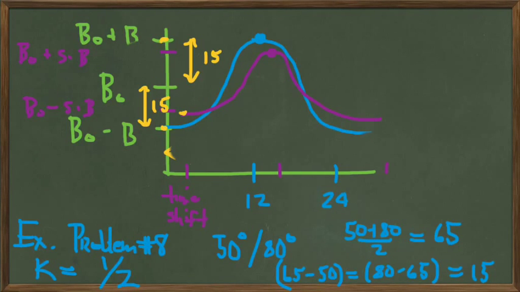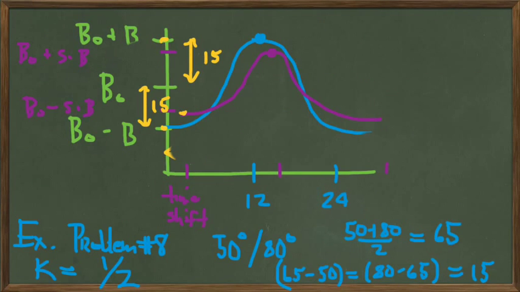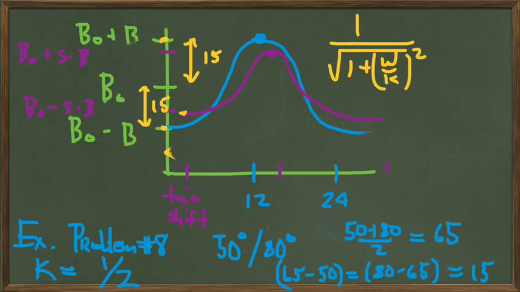So we've got that. Now we also, in our formula, need to know the scaling factor. So the scaling factor is 1 over the square root of 1 plus omega over k quantity squared, and we know that omega is always defined as pi over 12.